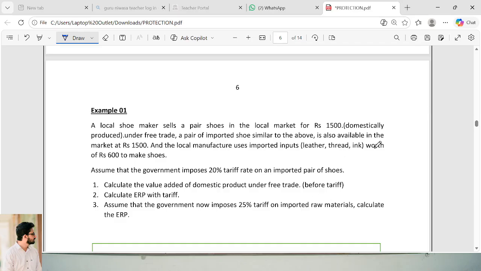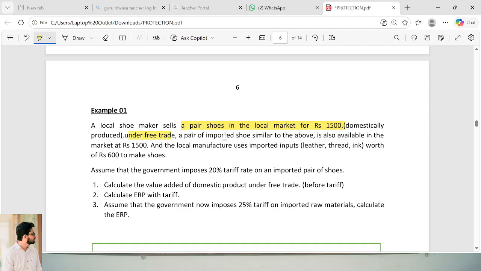Example number 1: A local shoemaker sells a pair of shoes in the local market for 1,500, domestically produced. Under free trade, meaning no tariff, no government involvement.